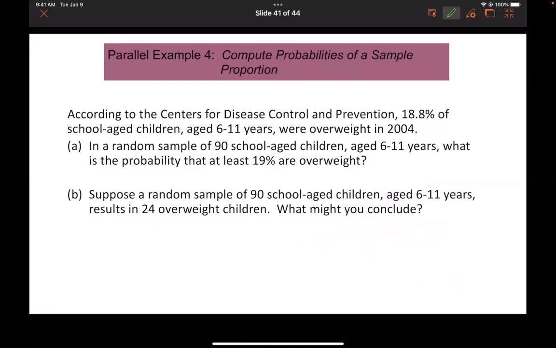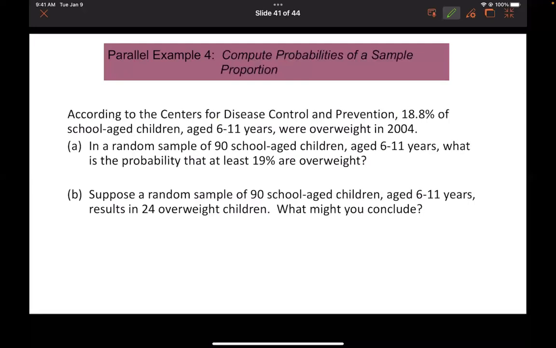So according to the Centers for Disease Control and Prevention, 18.8% of school-age children were overweight in 2004. In a random sample of 90 school-age children, 6 to 11 years old, what is the probability at least 19% are overweight? So on A, I would just like you to find the mean and the standard deviation.